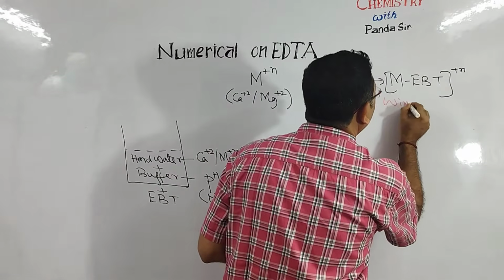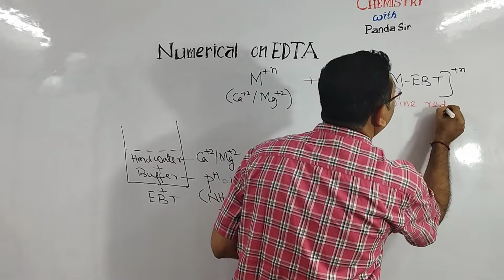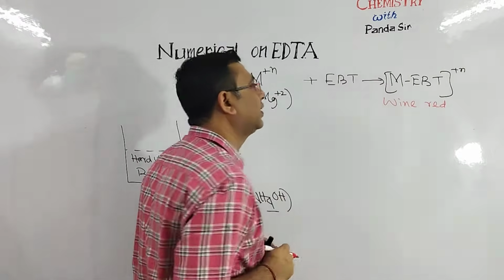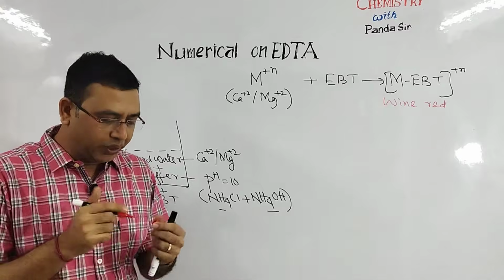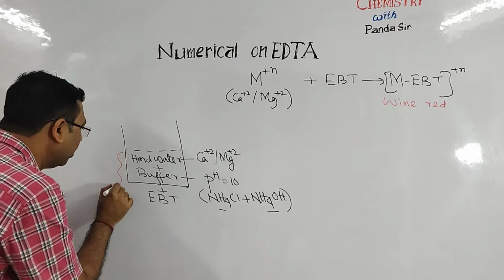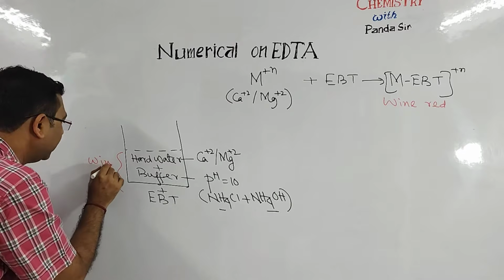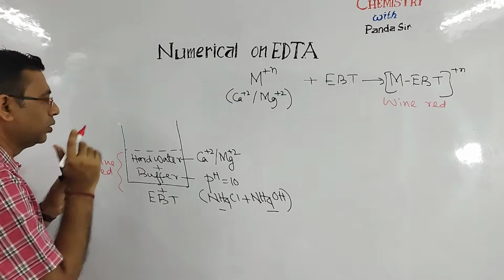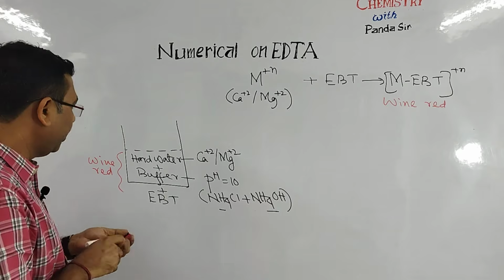So let me write wine red color. So this is the wine red color of the metal-EBT complex. So what we have so far is the wine red color of this mixture. Now we are going to titrate.